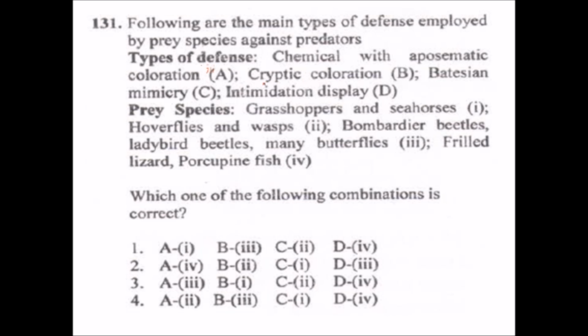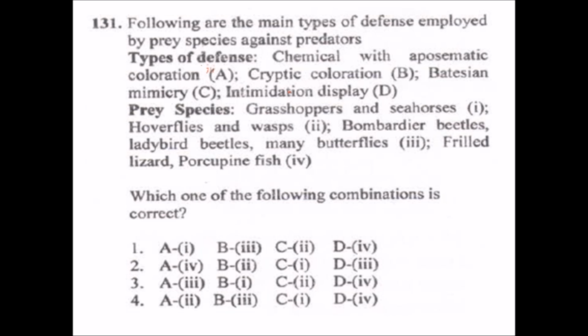Cryptic coloration means coloration according to their background. This type of adaptation is shown by grasshopper and seahorse. You have seen that grasshoppers mainly sit on green leaves or green stems, which makes them hard to distinguish, and their legs, antennae and mouth structure are very similar to those of the leaves.